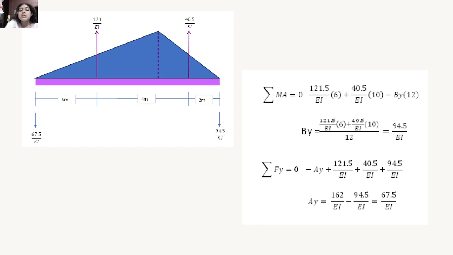And in the middle, on the left, have 27 less 12 with my area, have a 40.5, and it's the force seen in this diagram.